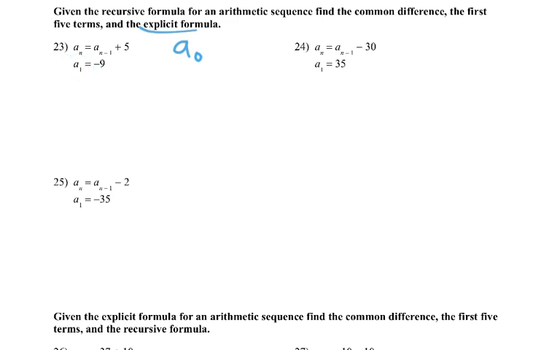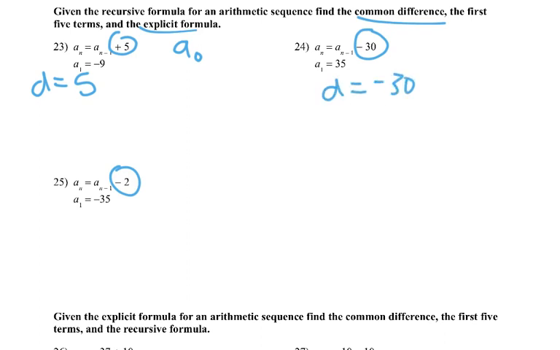Okay, so first things first, the common difference should be easy to see. It's plus 5, minus 30, minus 2. So I go d equals positive 5, d equals negative 30, and d equals negative 2. Then the first 5 terms.